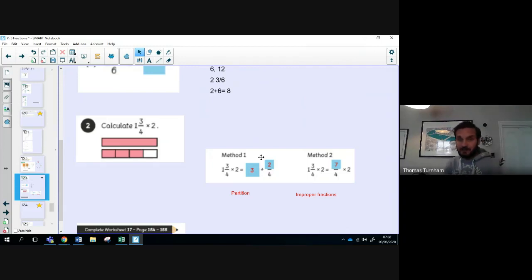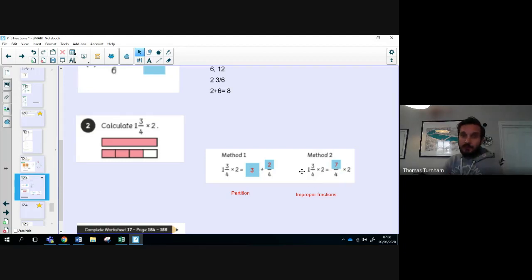Another way you could have done it, though, is to convert it all into an improper fraction first. So if you're finding that the whole numbers and the mixed and the fractions are just confusing you, then convert that 1 3/4 into an improper fraction first. Because 1 3/4 times 2 is exactly the same as 7/4 times 2.